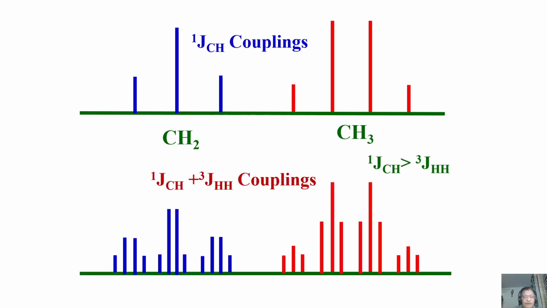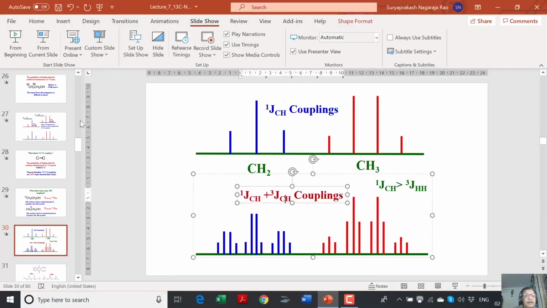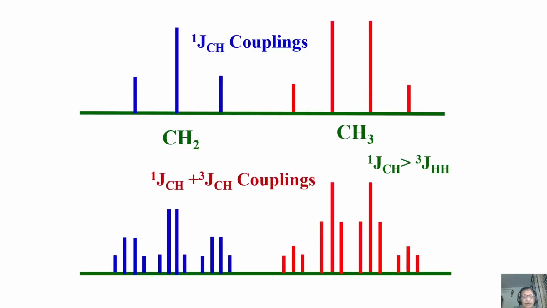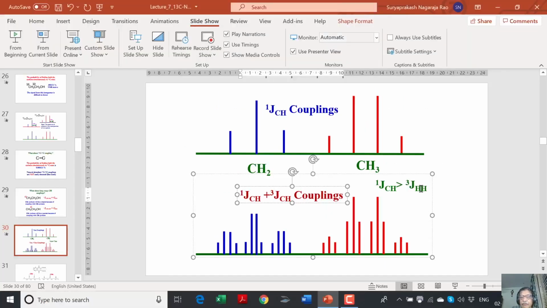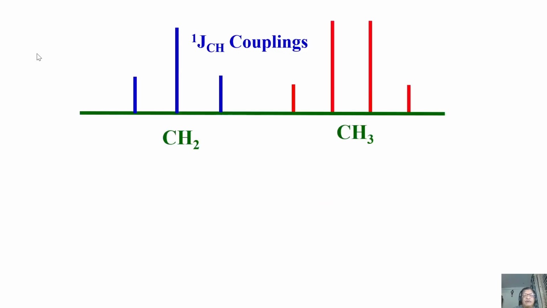Now, this is the one bond coupling. Okay. Now, this is a realistic spectrum where the CH3 carbon is coupled to 3 protons and is a quartet. The CH2 carbon is coupled to 2 protons and is a triplet.